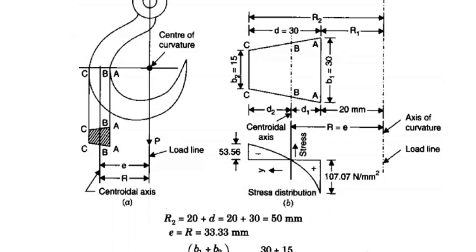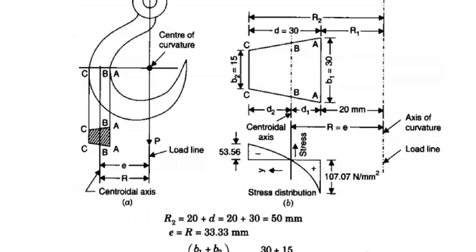From the base, meaning AA, the AA to centroidal distance is D1. And from the central axis to section CC, you are having D2.